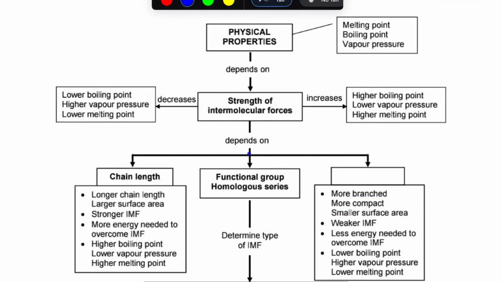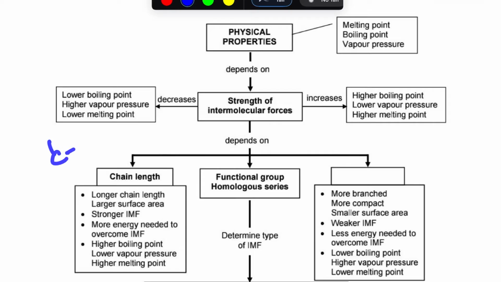Now, the strength of intermolecular force depends on the chain length. How does it depend on the chain length? If a substance increases the number of carbons, that means the chain is becoming longer, right? So if the chain is becoming longer, the surface area is becoming bigger.